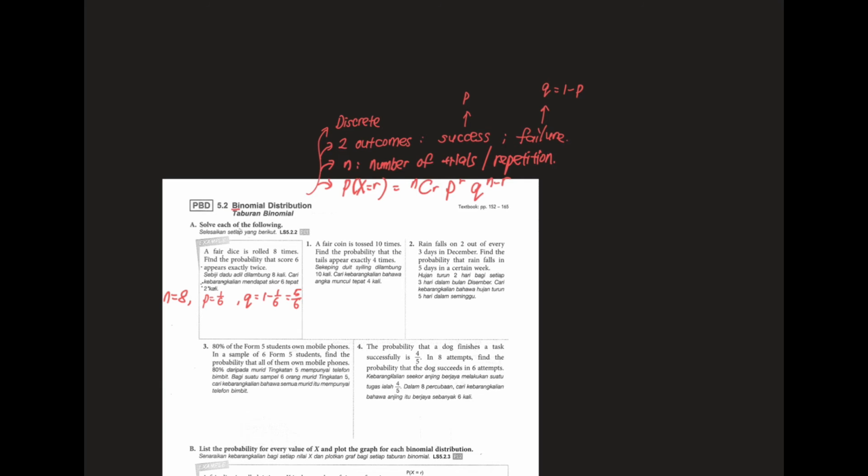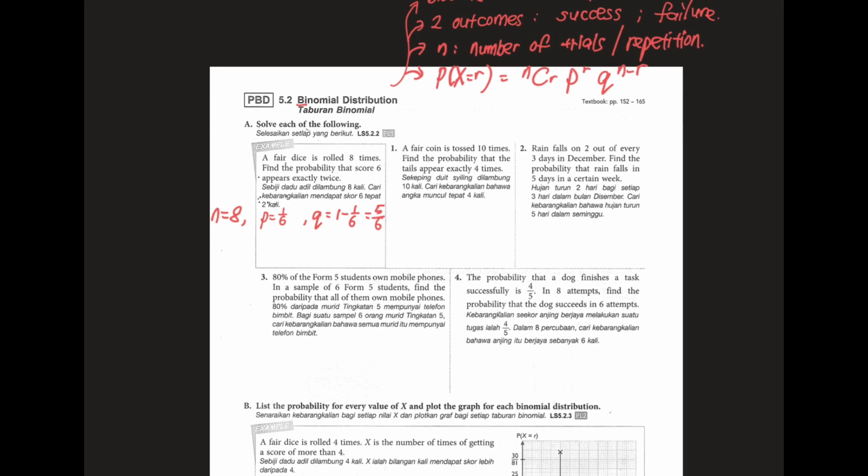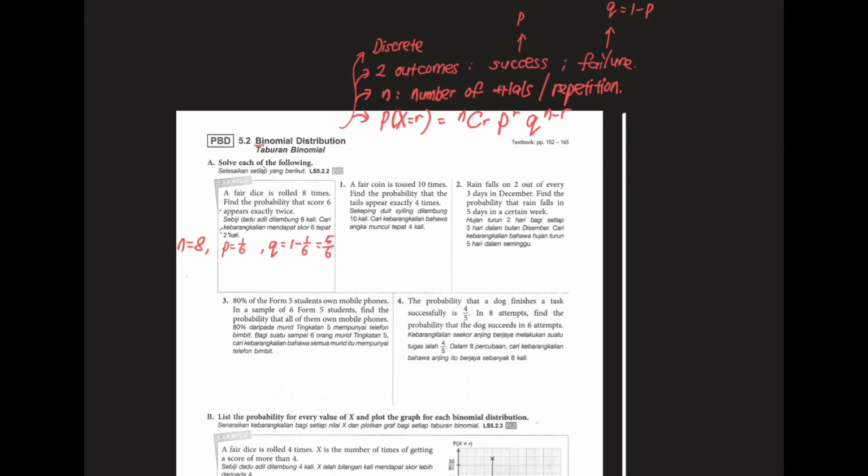Now let's come back to this question. You have n, p and q, so you can use this formula. They are asking us to find the probability that score 6 appears exactly twice. That means P(X = 2).